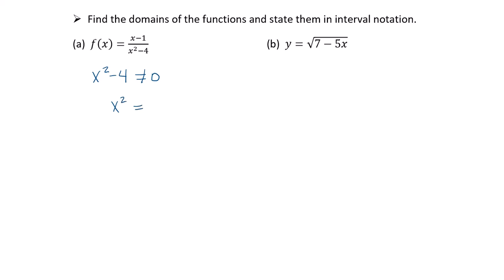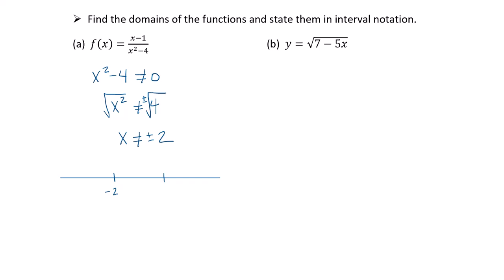x squared cannot equal 4. We're going to take the square root of both sides. Remember, we're solving, so when you put the square root on that, you have to put the plus minus as well. So x cannot equal plus or minus 2. Let's see what this looks like as a graph so we can picture what to put in interval notation.